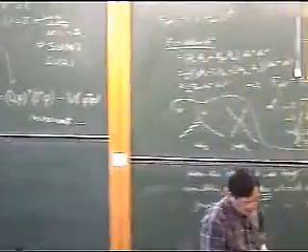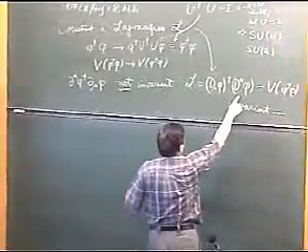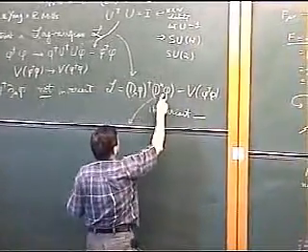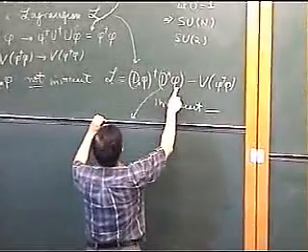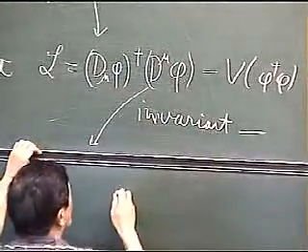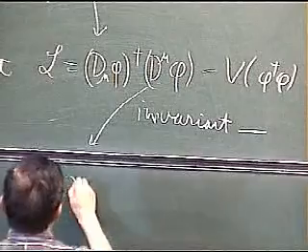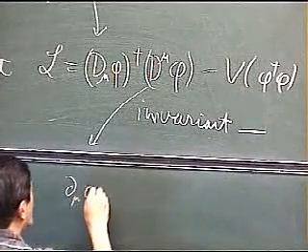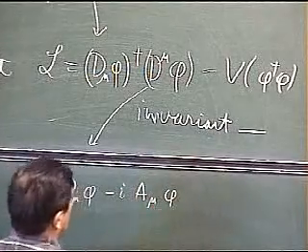Now, in this course, I've been actually avoiding some of these issues, but here we see how this transforms, because we remember what the covariant derivative is from the blackboard over there, that this is equal to d mu phi minus i A mu phi.